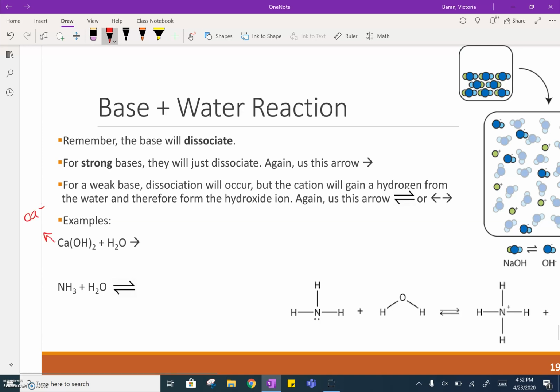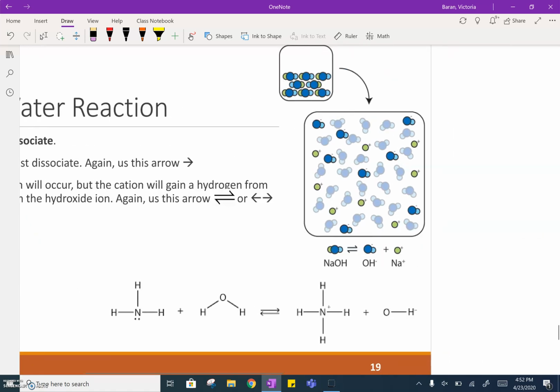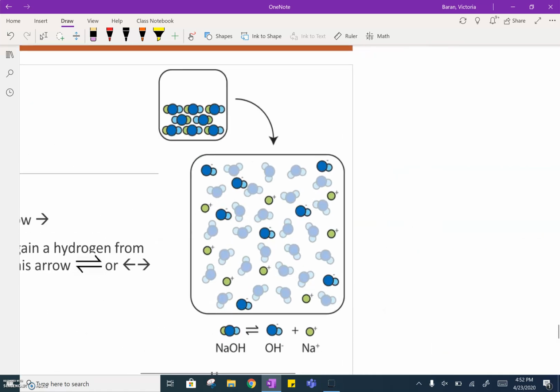So you get that calcium ion and you get that hydroxide ion. And this hydroxide ion will not interact with the water at all. So it will just stay dissociated. And you can actually see that in this image right here. Notice that the NaOH in this example, for that metal hydroxide, it just dissociates and it just stays dissociated in the water.